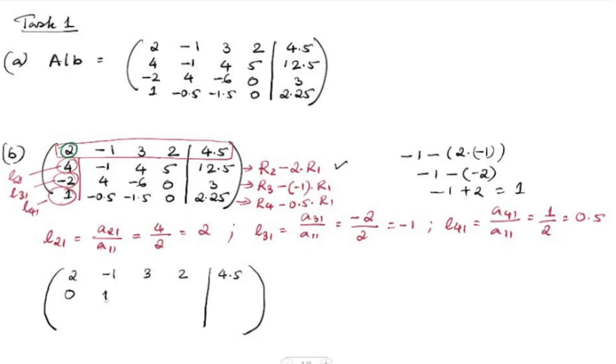So here we'll have a 1. And then if we do the work for 4, so 4 minus 2 times 3 is 6, 4 minus 6 is minus 2, and then 5 minus 4 is 1, and here we have 12.5 minus 2 times 4.5, that's 3.5.